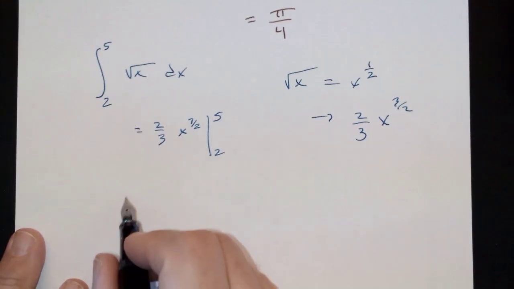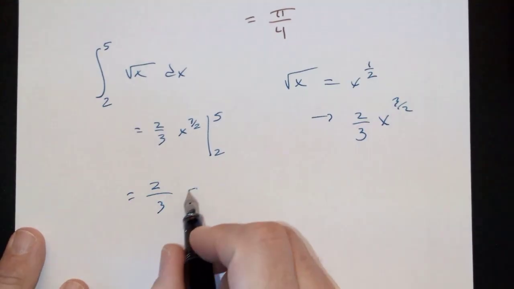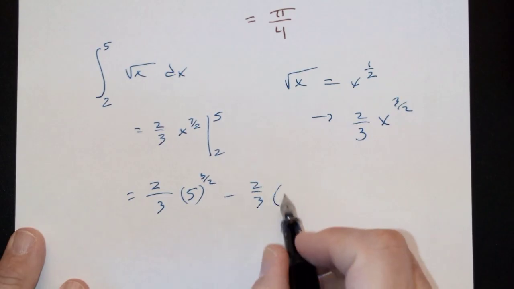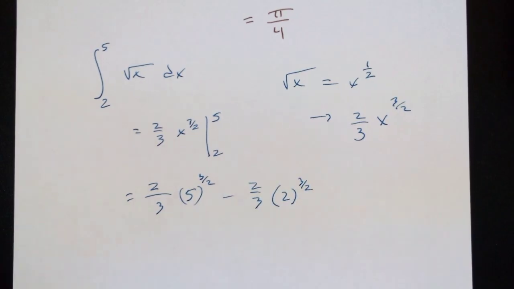Now the problem is that I know these numbers suck. 5 to the 3/2 and 2 to the 3/2 are ugly decimals. I don't care. I'm done. That's an exact value.